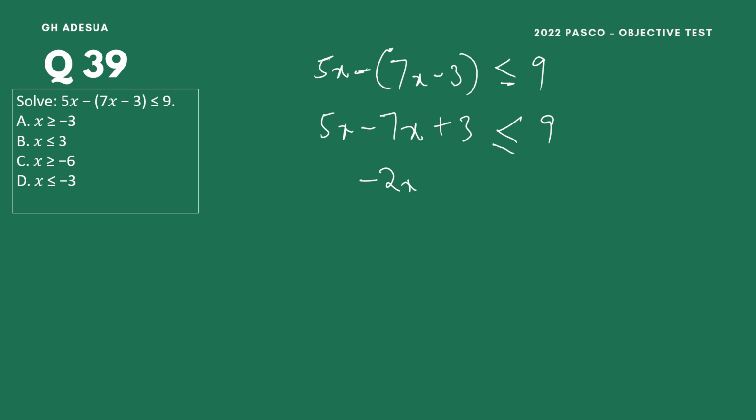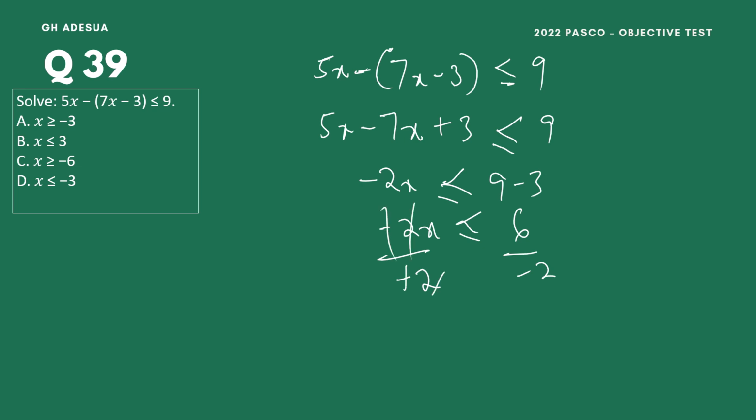Right? And then we have the positive 3, which, when it crosses the inequality sign, becomes 9 minus 3. We have negative 2x less or equal to 6. We are going to divide through by negative 2.